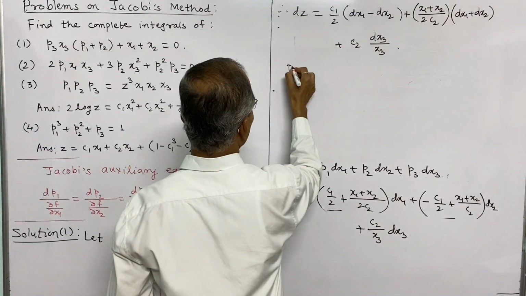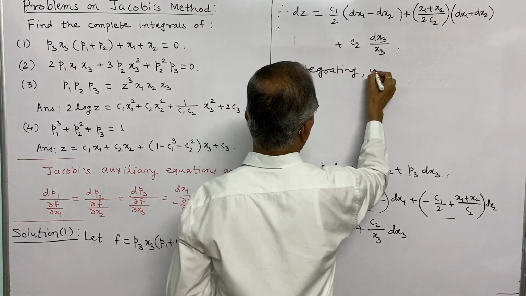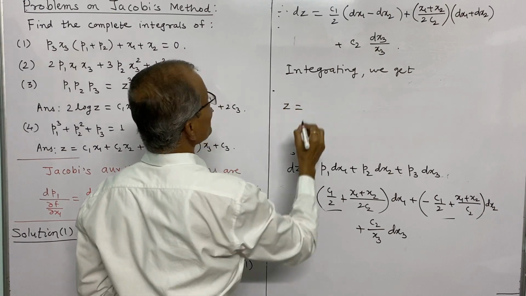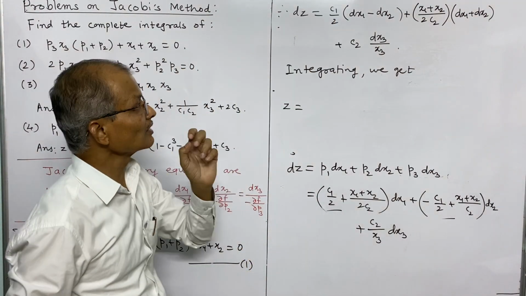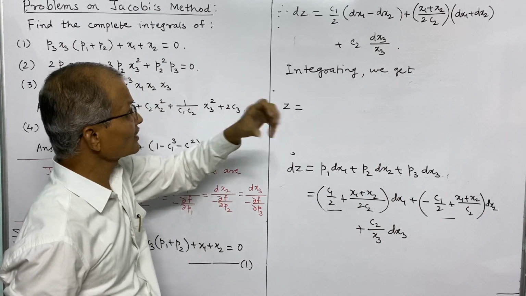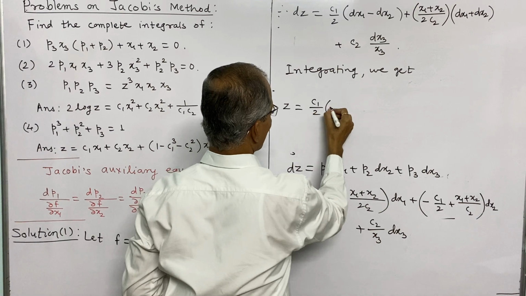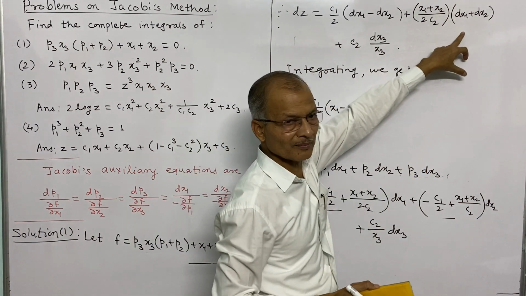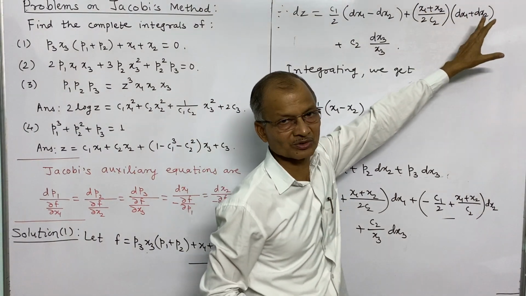So integrating, what we shall get? Z is equal to, this is a constant, C1 by 2 is constant, and what is the integration of dx1 is x1 minus x2. Now here this term can be separated, or we may see it is (x1 plus x2) and d of (x1 plus x2).